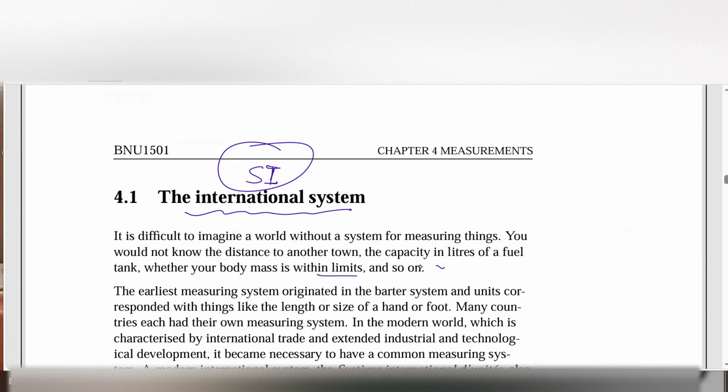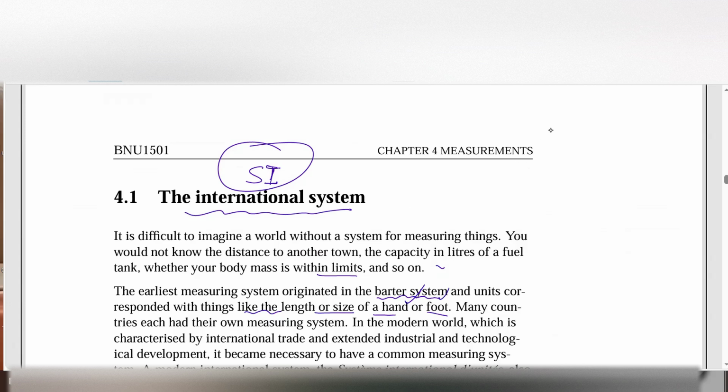So in the early days, measuring was done, they're telling us, from the barter system, using units that corresponded with things like the length or size of a hand or a foot. That's why in most cases, when someone dies, they bury them 6 feet deep. It just originated from back then, when measurements were done using mainly body parts.